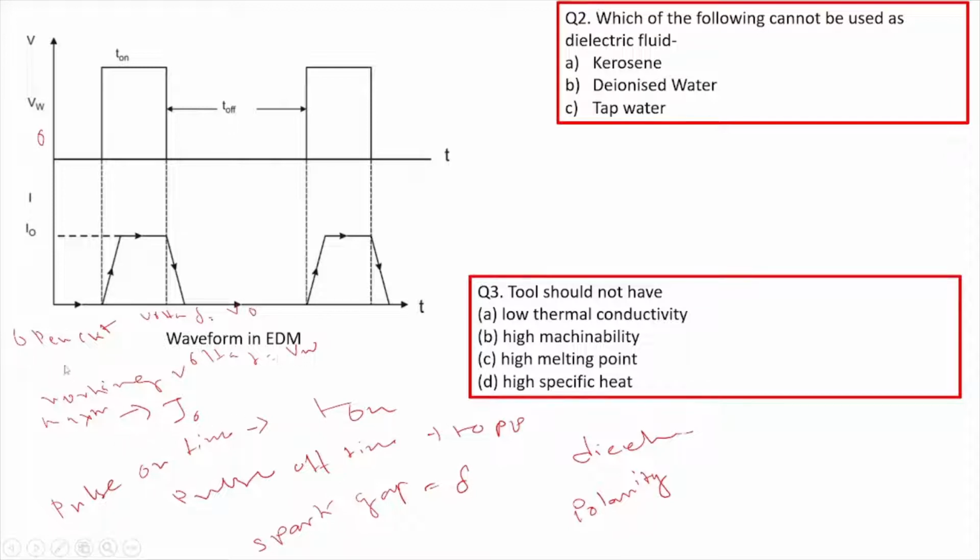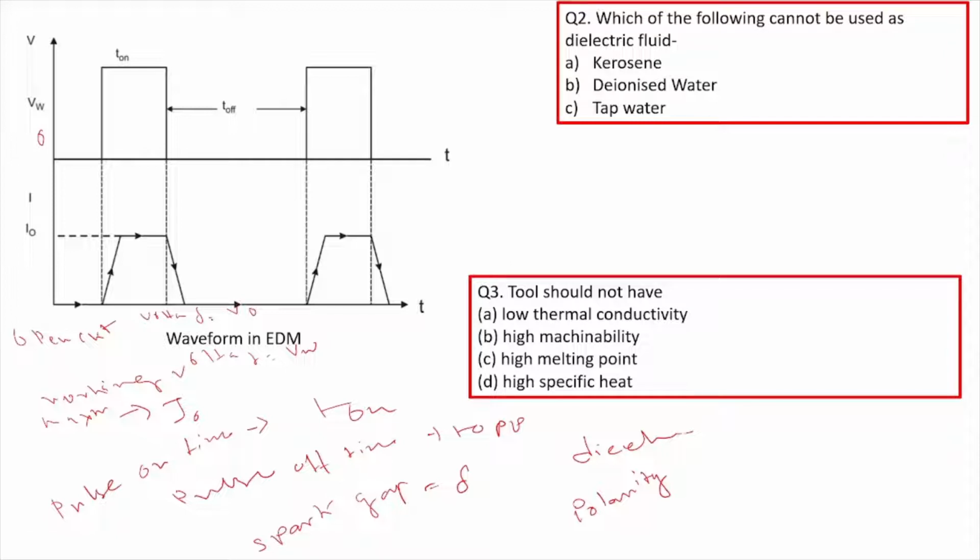So the first one is open circuit voltage, that is VO. The second one is working voltage, that is VW. And the third one is maximum current, IO.